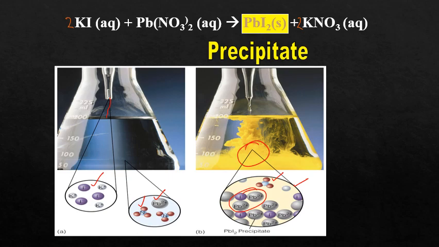So we will write the equation for this reaction. The equation is potassium iodide, KI, which is going to be soluble in water, because we have seen that K plus ions combining with any other negative ion, that is anion, are going to be soluble. So we will write aq.